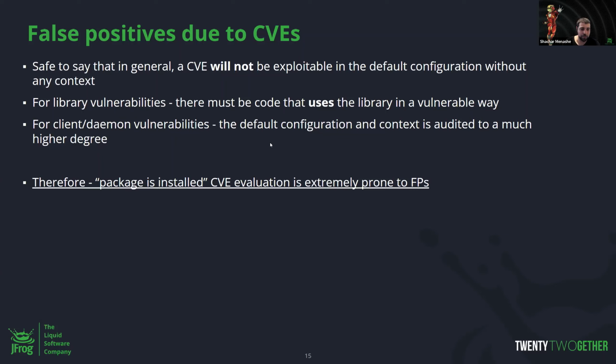So these are kind of operational risk issues. Basically, from our perspective, if you're using the basic CVE evaluation, you're almost always going to get a false positive in your environment, because most of these things are not exploitable by default.